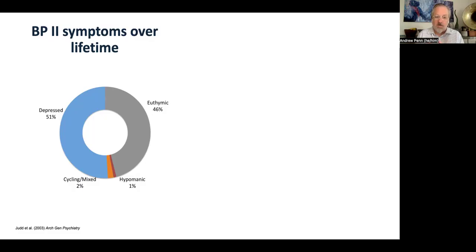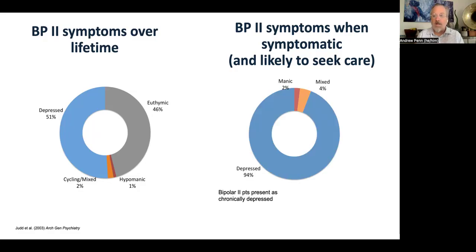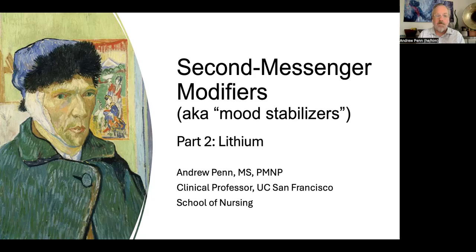Only about 2 or 3% of people's time is spent in any kind of slightly elevated or mixed state. So almost all depression is what you're going to hear about, and that's when they're going to show up in your office. 95 times out of 100, they're going to show up in this sort of depressed state, and that's what their history is going to indicate, unless we look more closely.